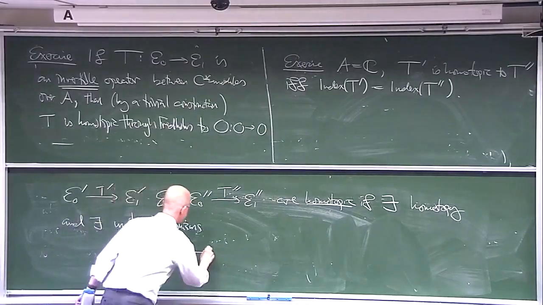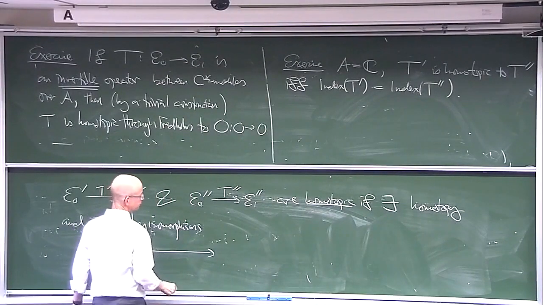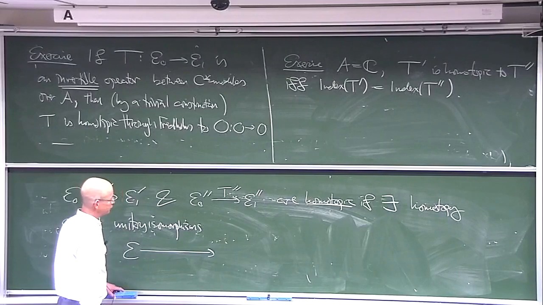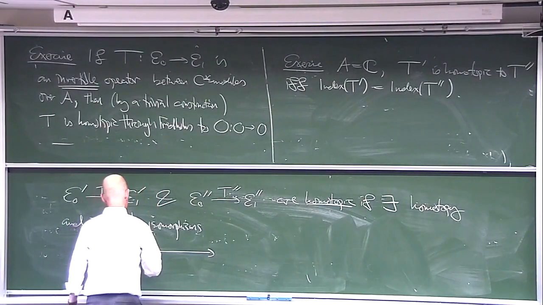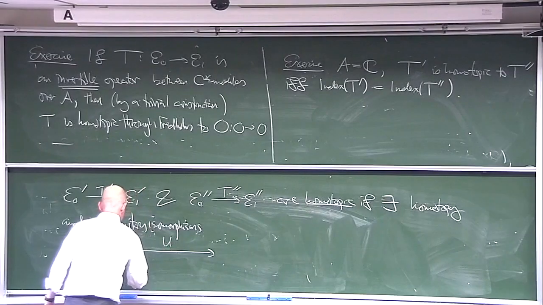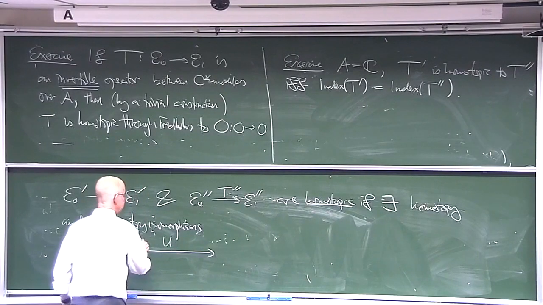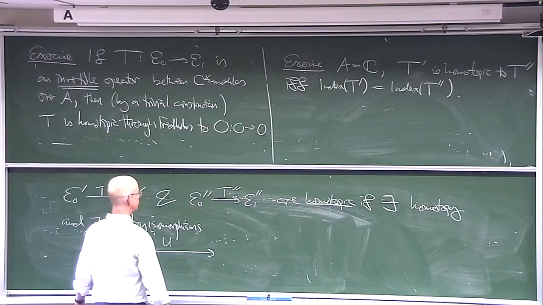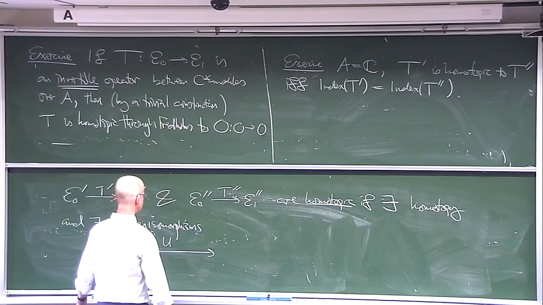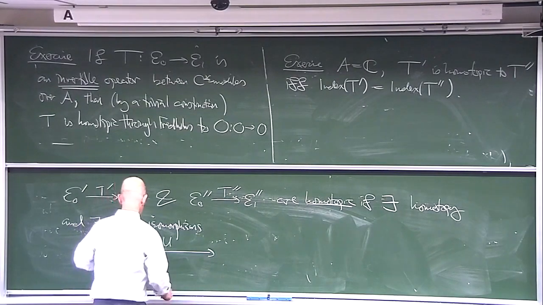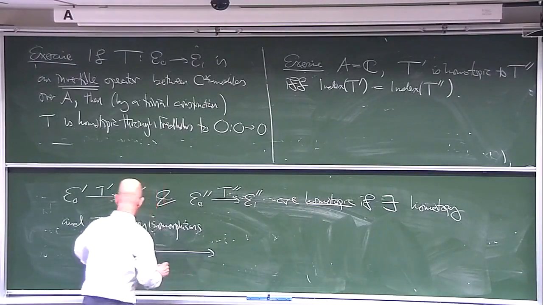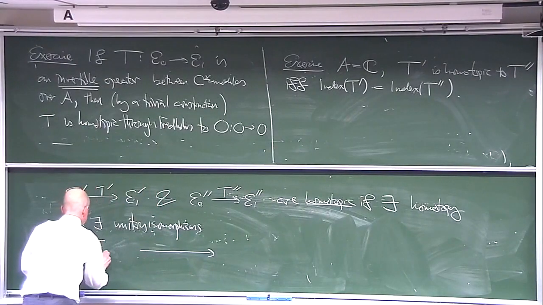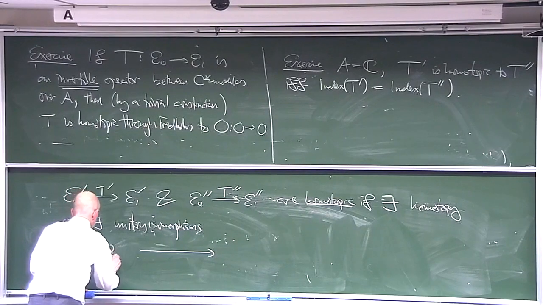Let's call them... too many zeros and ones. I'm not going to give them names. So here we'll tensor with evaluation at 0.